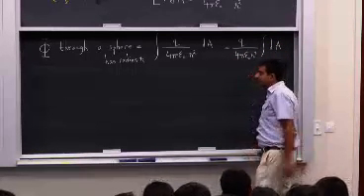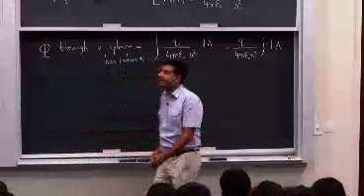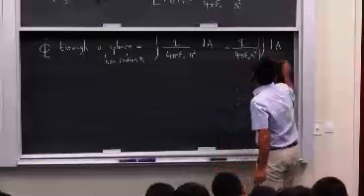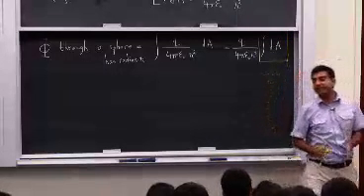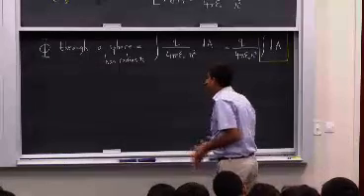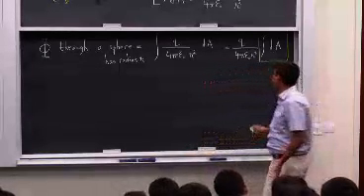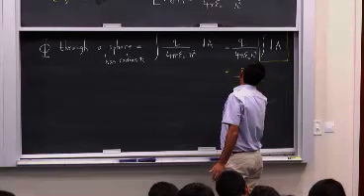Now, in many problems you will have to put in limits of integration and compute the integral, but this is something really simple. What is this quantity equal to? It's the total area of the surface of the sphere, which is 4 pi R squared. So I get Q over epsilon naught as my result.